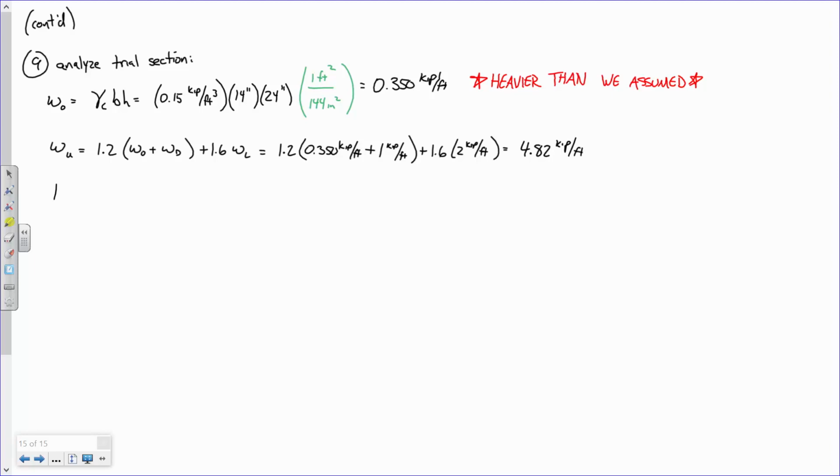Okay. And our MU is WUL squared over 8, which is 4.82 kips per foot. How long was this beam, by the way? 22 feet. And what's that? Actually, here, I'll move that up. Let me move that over here. So, MU.